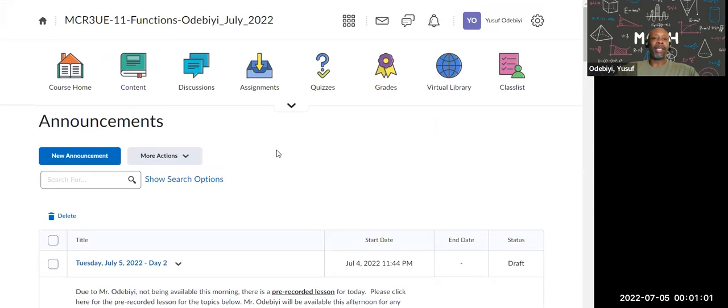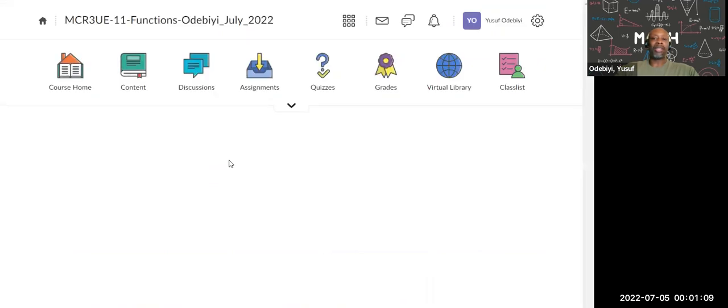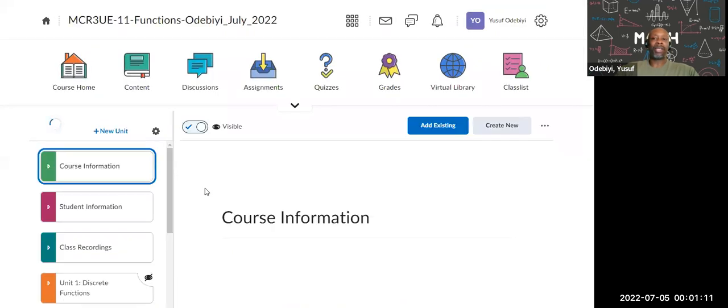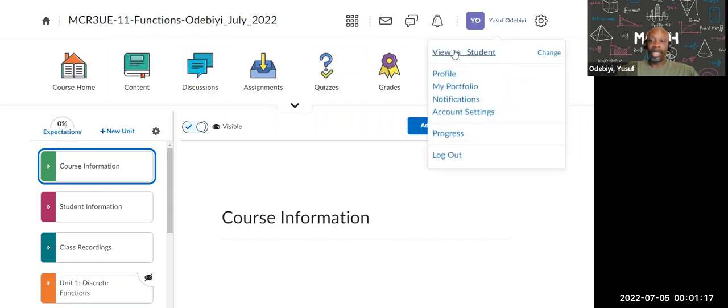So let me come out of this and let's go into content so we can look at the first lesson for today, which is the inverse of a function. I'm going to turn this into student view so I can see what you will be able to see, so there are no mistakes.